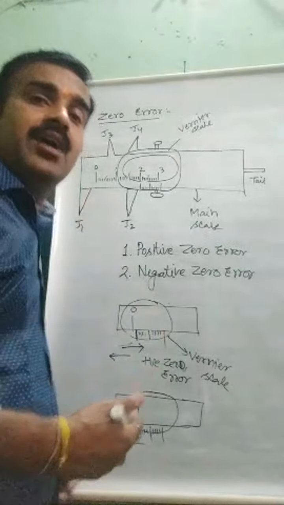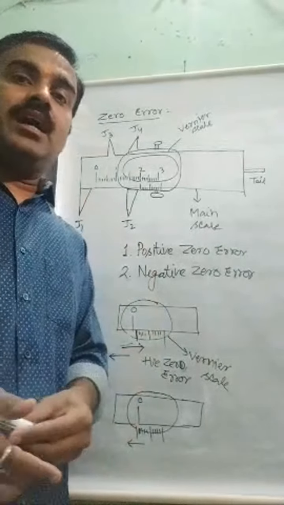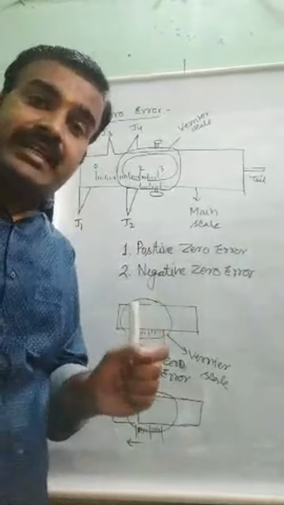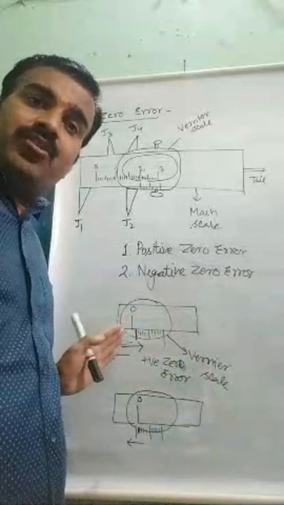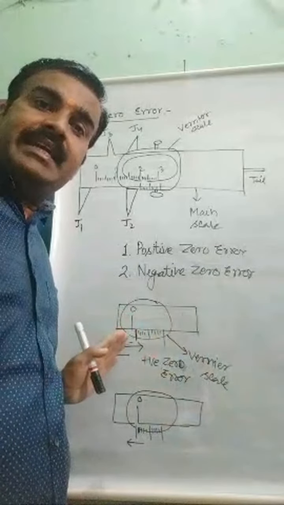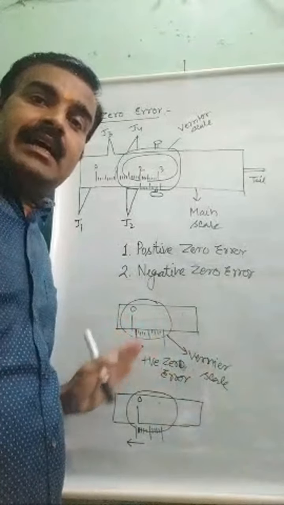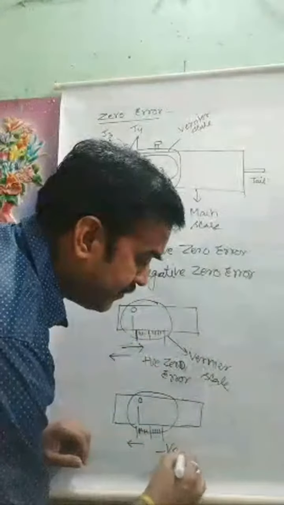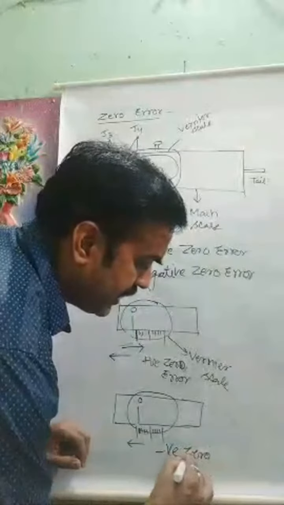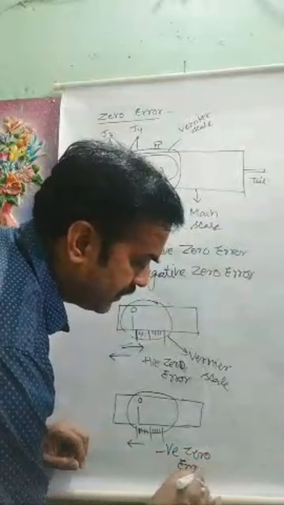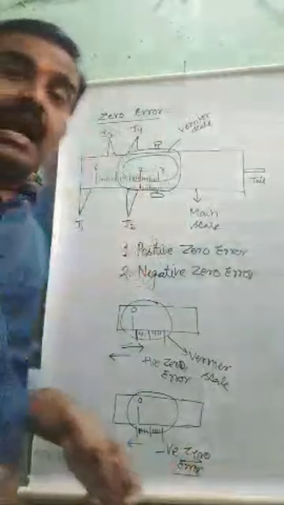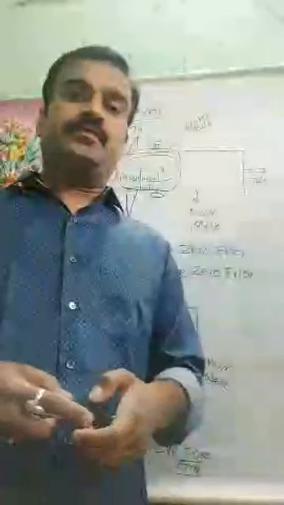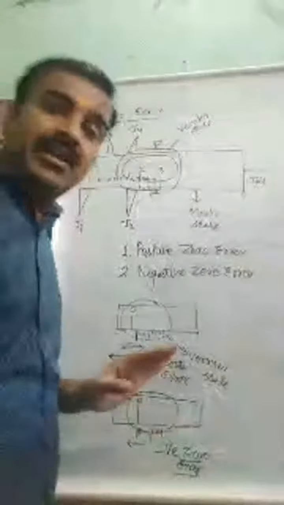So if the very first division of the Vernier is shifting left hand side of the zero of the main scale, then it will have which error? Negative zero error, and its correction will be positive. Keep this thing in mind.